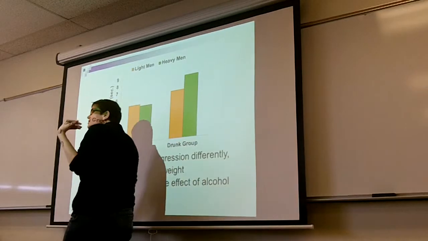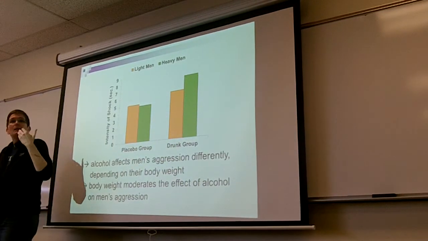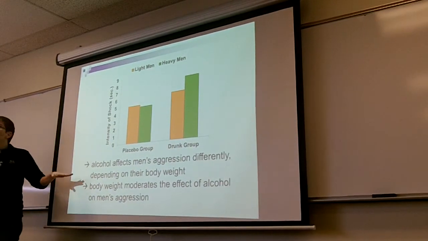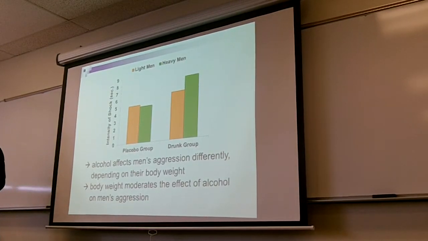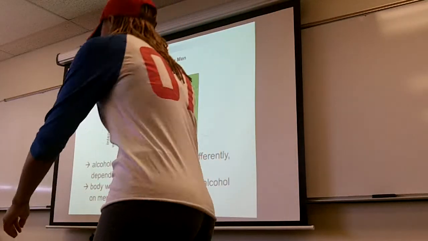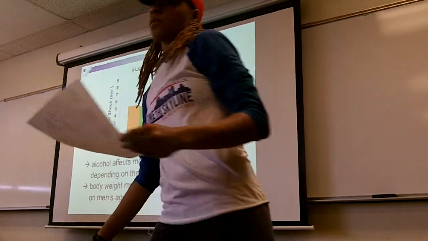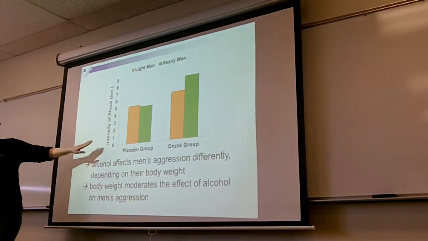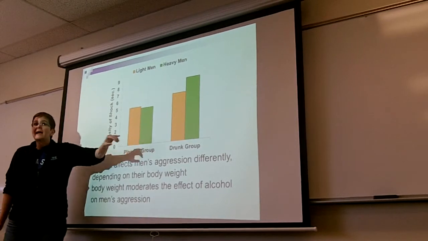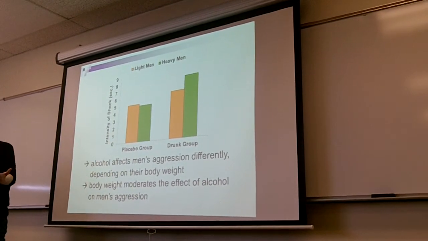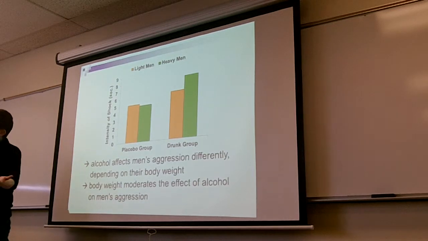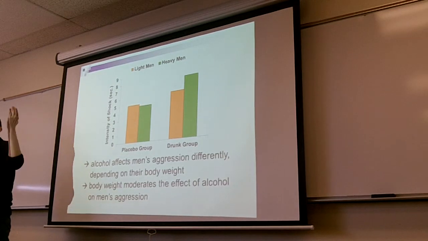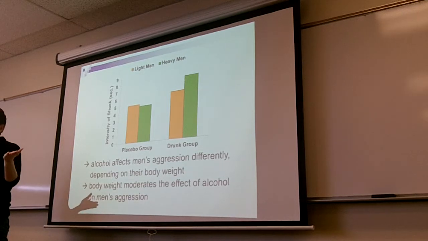So if we look at this, what we can see is that body weight moderates the effect of alcohol on men's aggression. And we can only see that if we look at both IVs together, right? It's not that heavy men are always more aggressive. It's that heavy men, when they drink, are more aggressive than lighter weight men when they drink.